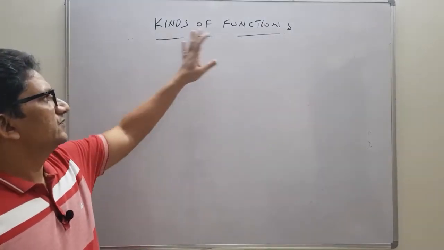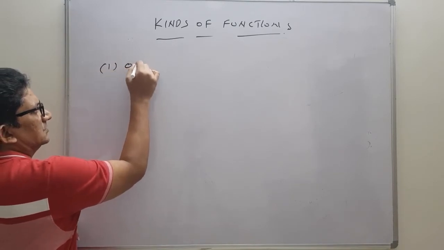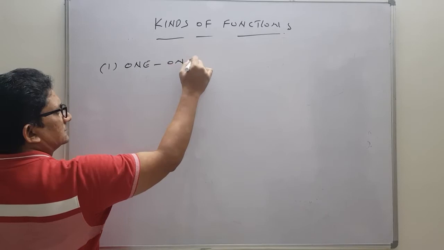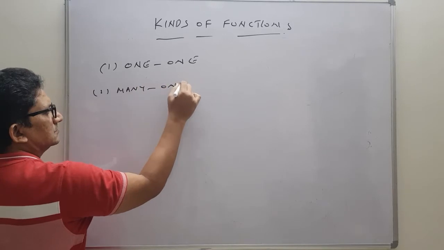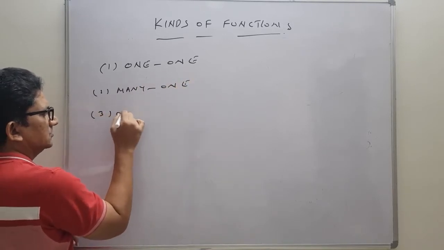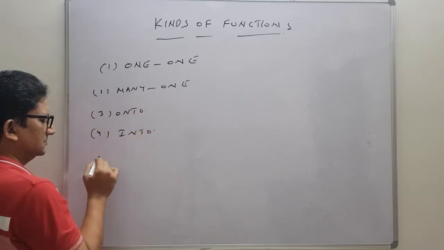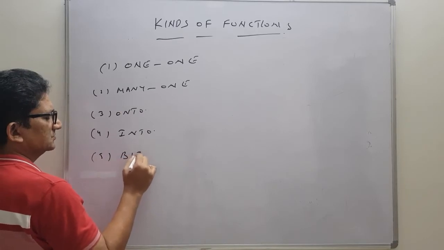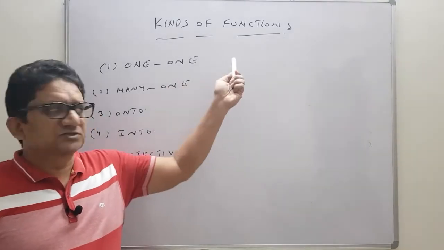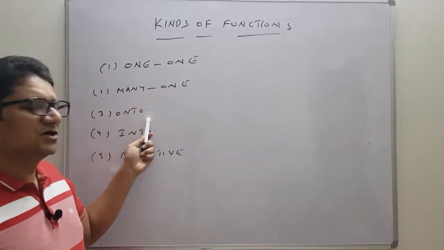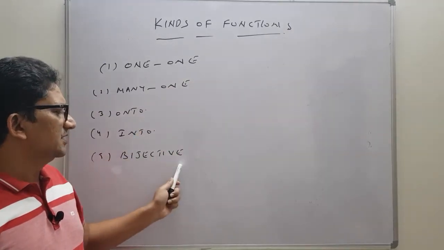In kinds of functions, we will revise the things we studied at board level: one-to-one function, many-to-one function, onto function, into function, and bijective function. And we know that one-to-one is also known as injective function, and many-to-one is as it is, and onto's other name is surjection. So both injection as well as surjection, and this is bijective.